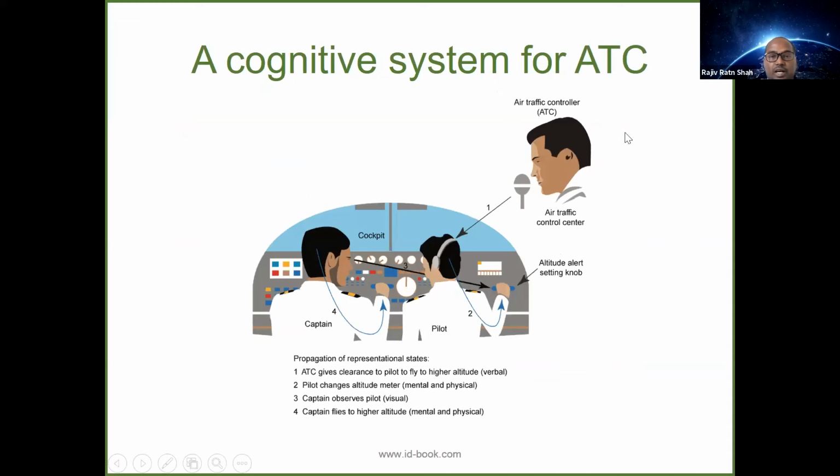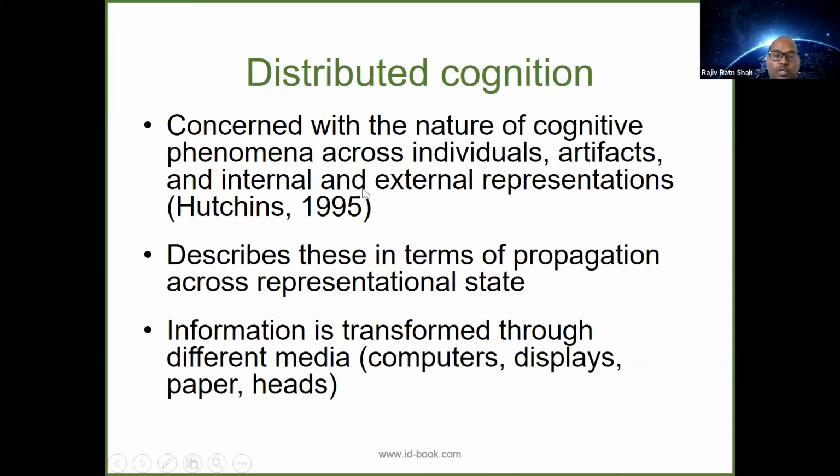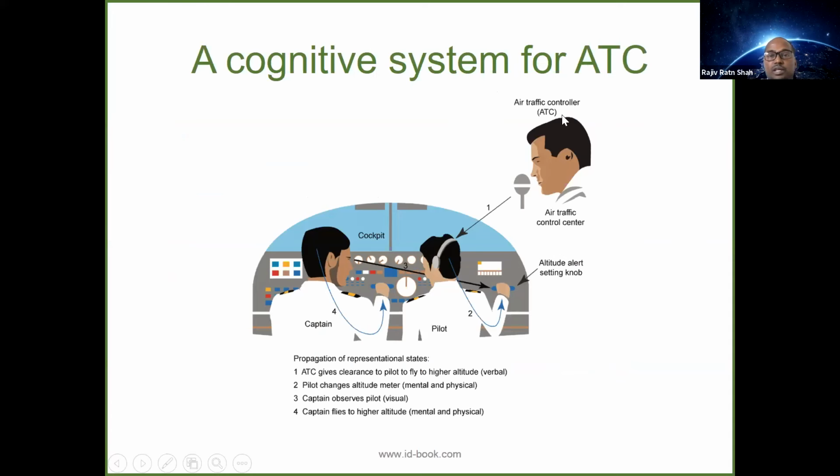So this could be an example, where more people and more devices are involved. In this case, you have an air traffic controller who gives clearance to the pilot to fly to a higher altitude, verbally, he just speaks. After listening to this, the pilot sets the altitude alert setting knob.